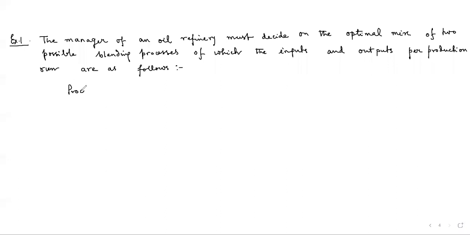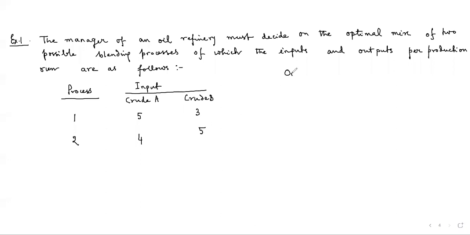We have this chart with us. Two types of processes are there, 1 and 2. In the input section, there are two types: crude A and crude B, crude oil. These are 5 units, 4 units, 3 units, 5 units.